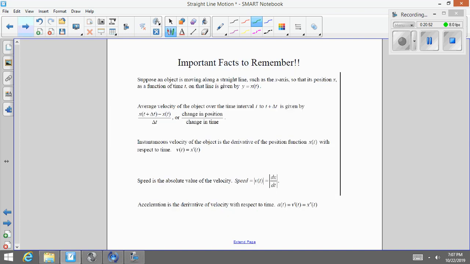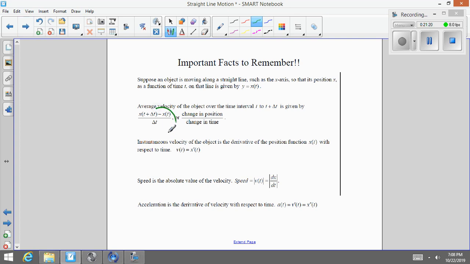Here are some important facts to remember. Suppose an object is moving along a straight line, such as the x-axis, so that its position x as a function of time t on that line is given by x of t. To find the average velocity of the object over the time interval, you would just find the change in position over the change in time.